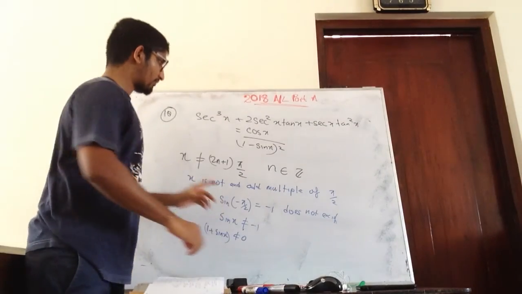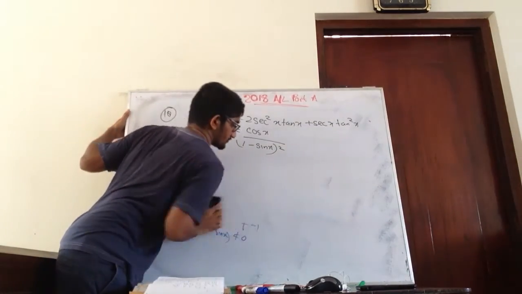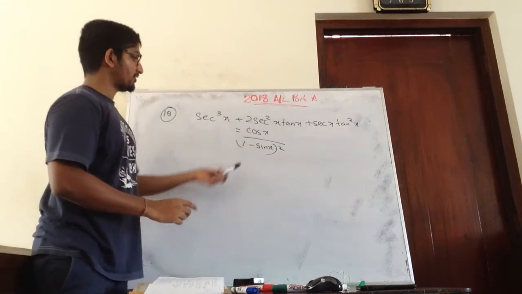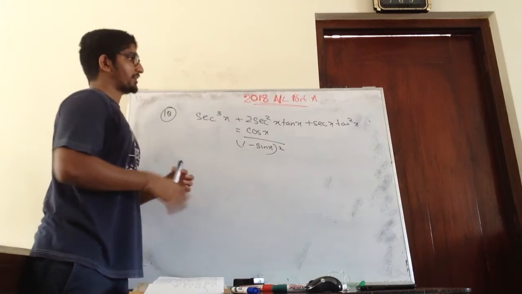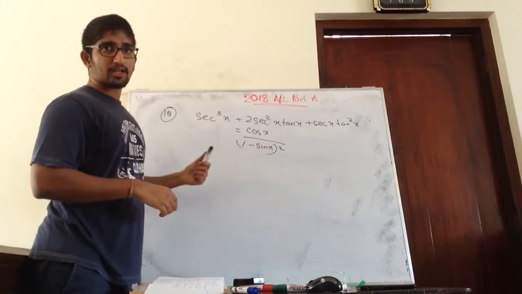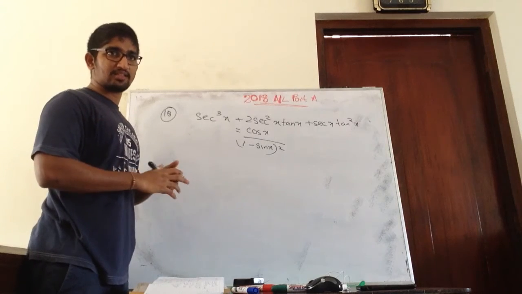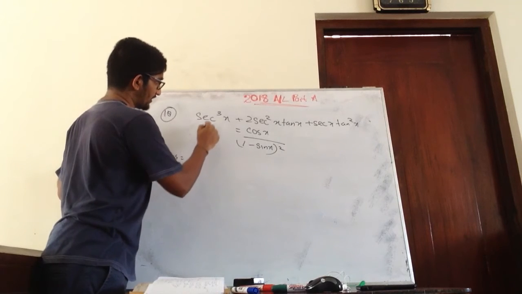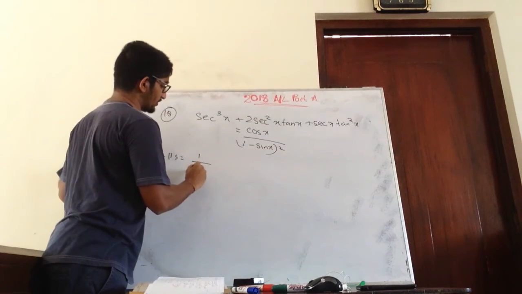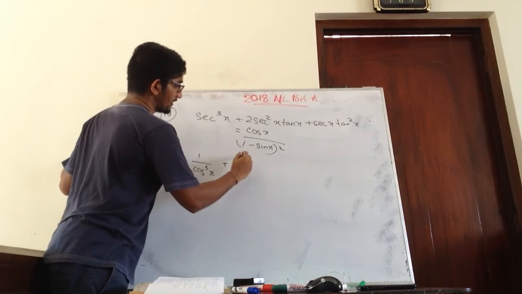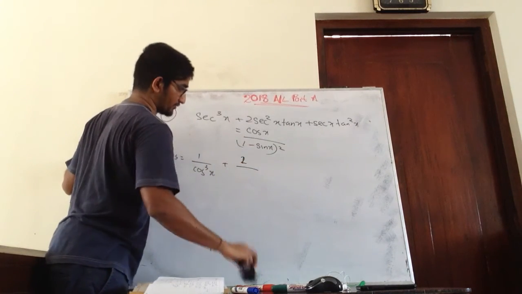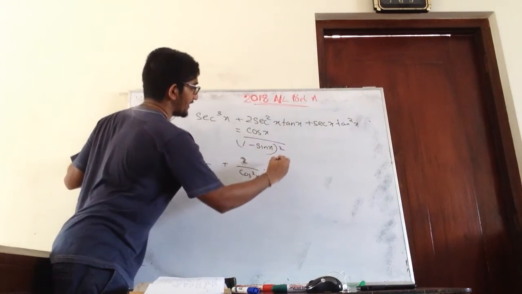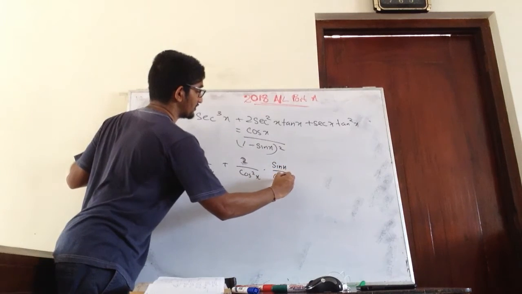Okay. So we come up to here. Now if you look at the answer, it is in terms of cos and sin. So it's better if we convert this into sin and cos and get the answer. So now I'm going to take the left hand side. Sec cube of x means 1 over cos cube x. Then 2 times 1 over cos squared x times tan x, which is sin x over cos x.